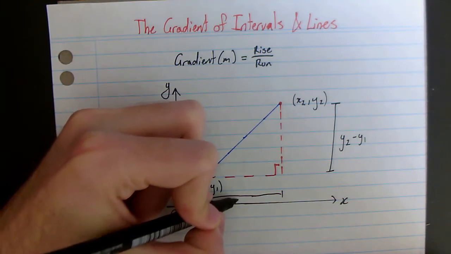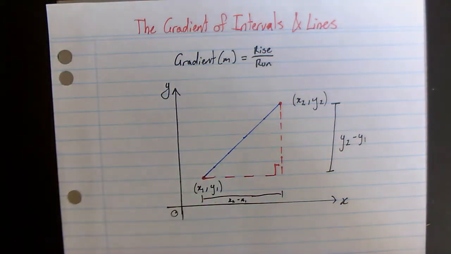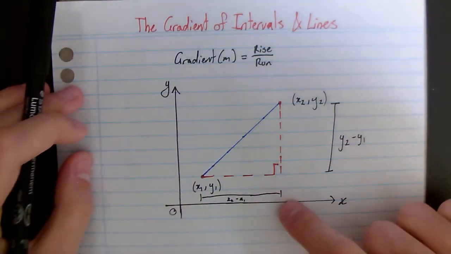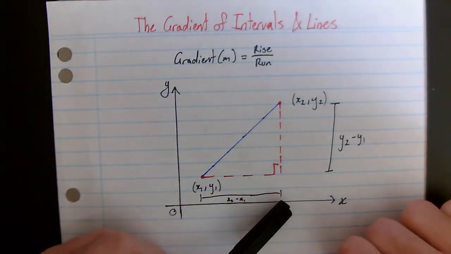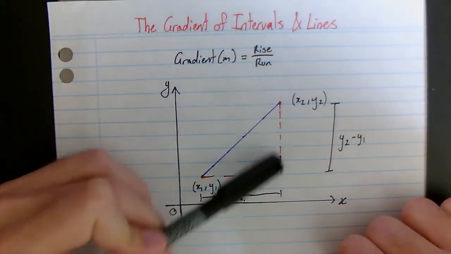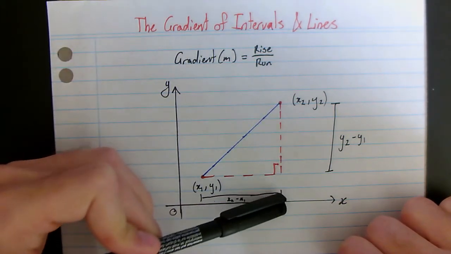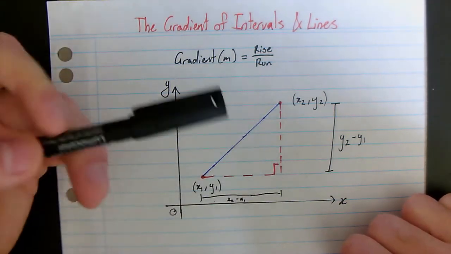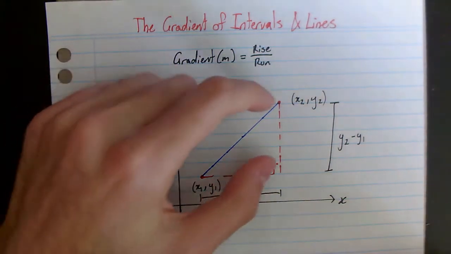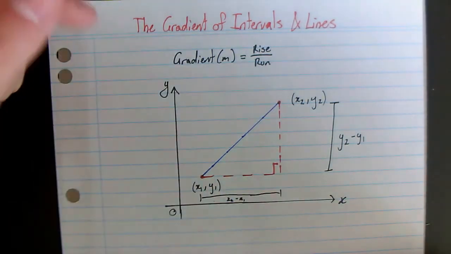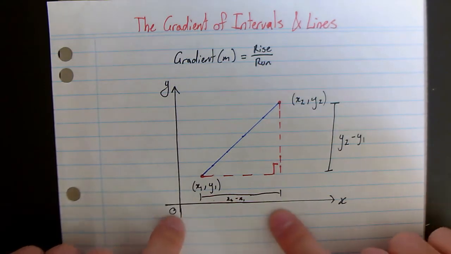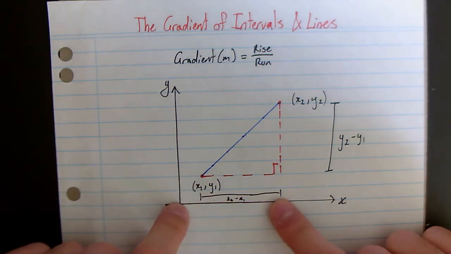How we can make sense of this is that the vertical height is the distance from 0 up to here, so y2, and then we subtract from that this distance here, which is literally y1, and the resulting length that we get is this one over here. And by a similar argument, that's how we get x2 minus x1 on the horizontal lengths.